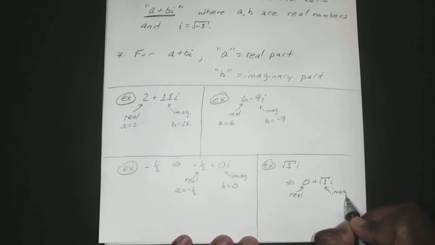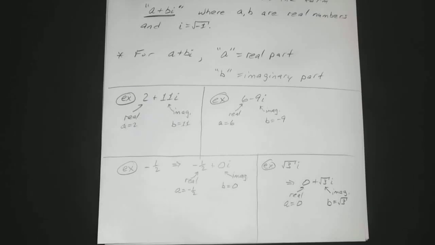This is our imaginary part, where a is equal to 0 and b is equal to square root of 3. So any real number can also be written as a complex number. Okay. Any questions on that so far? All right. I'll leave that up for a few more seconds.